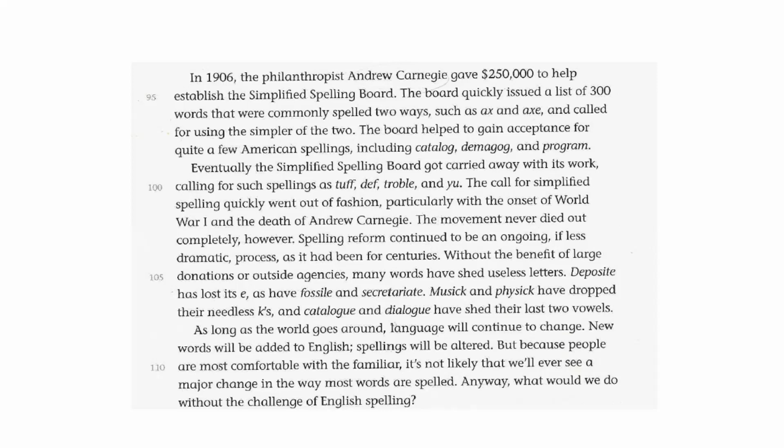See, deposit looks like French, deposite, but it lost its E, as have fossil, like the dinosaur bones, so it's only FOSSIL, and secretariat, which became secretary. Music, so you see it lost the K. Physic, lost the K, have dropped their needless Ks, and catalog and dialogue have shed, or gotten rid of, their last two vowels, like I said.